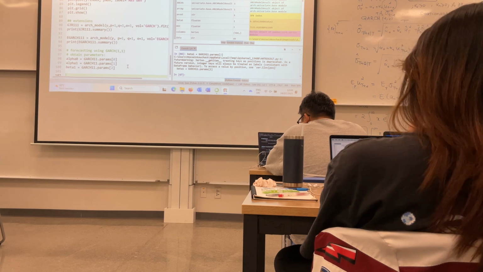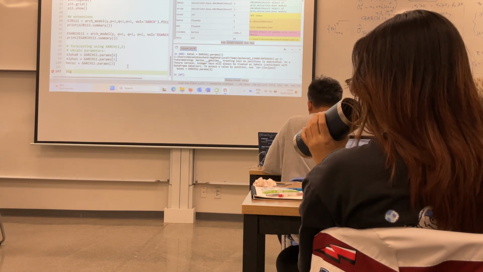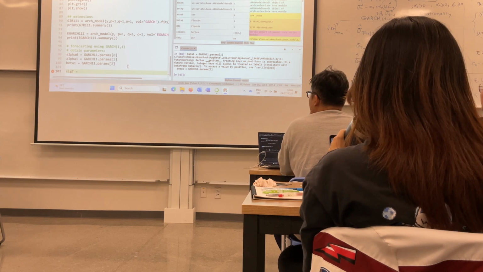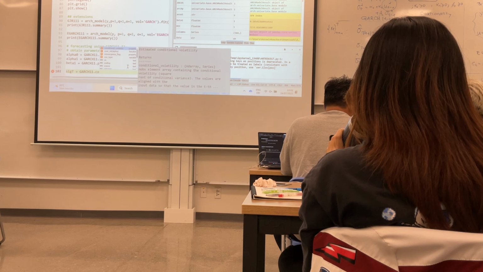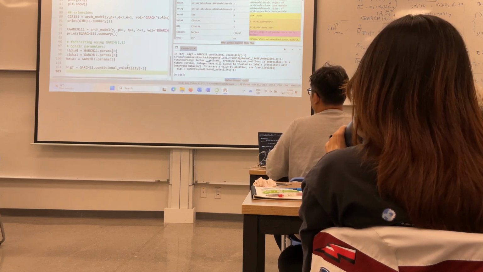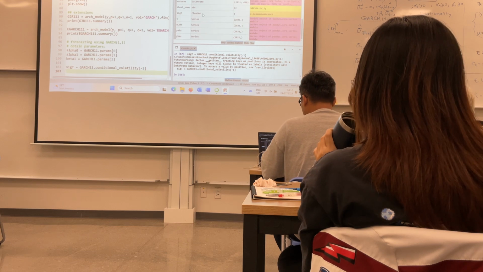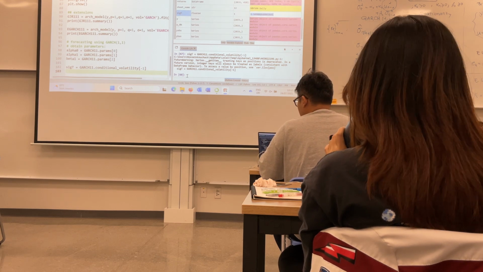I need the last volatility. Right. So, well, sigma at period t is GARCH(1,1).conditional_volatility, the last. So then I have sigma. That's sigma t.